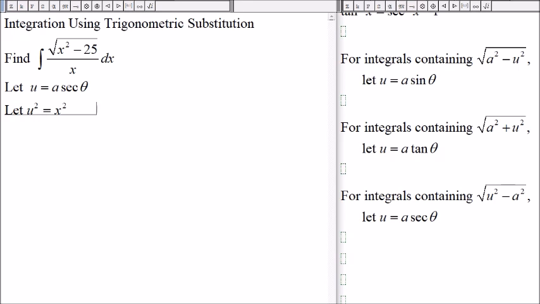And then from here, we take the square root of u squared, we get u. If we take the square root of x squared, we get x. And then we let a squared be 25, and then take the square root, and the square root of a squared is a, the square root of 25 is 5.